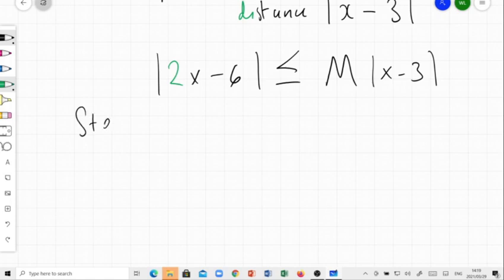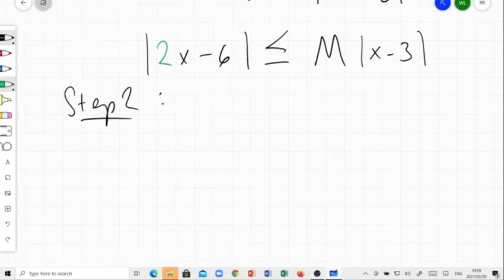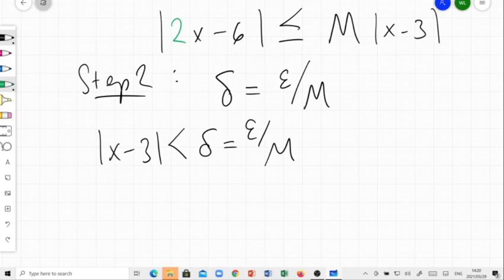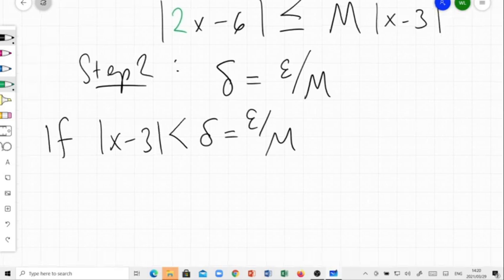You see, once I've done this, then it's downhill. Then I know that my delta is going to be epsilon divided by m. Why? Because if my distance between x and 3 is smaller than delta, which is epsilon over m, remember I can choose my delta to be whatever as long as it does the job.